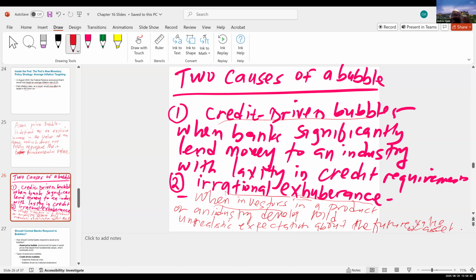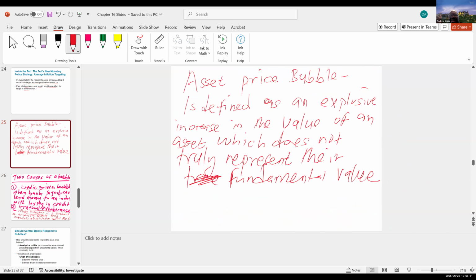Even a bubble itself is very difficult to isolate from the data, because a bubble is basically an explosive increase in the value of an asset which does not truly represent its fundamental value. So if an asset goes up in value by 30%, it's very difficult for us economists to isolate what proportion of that increase is truly due to the actual change in the value of the asset, which represents its fundamental value, and what part is due to a bubble.